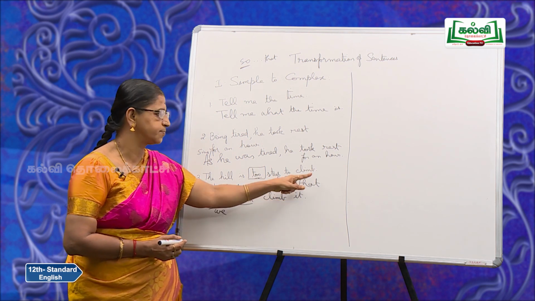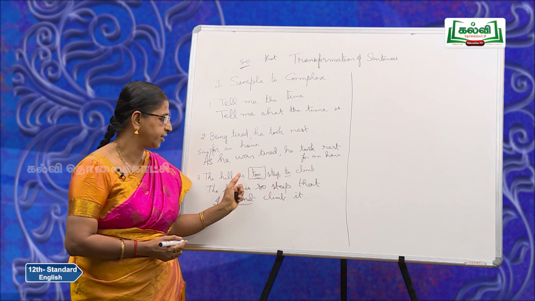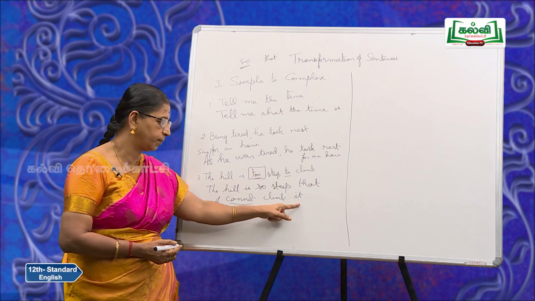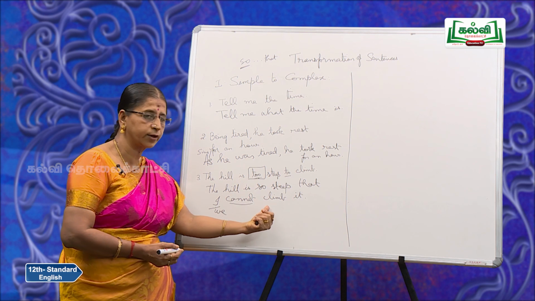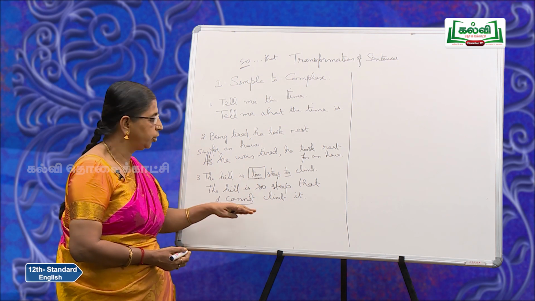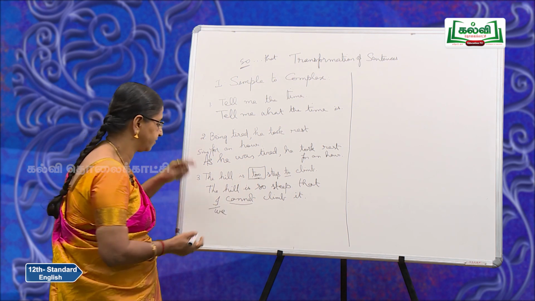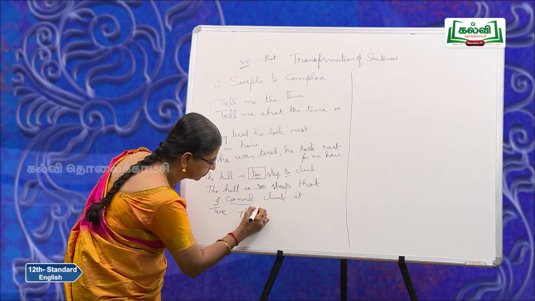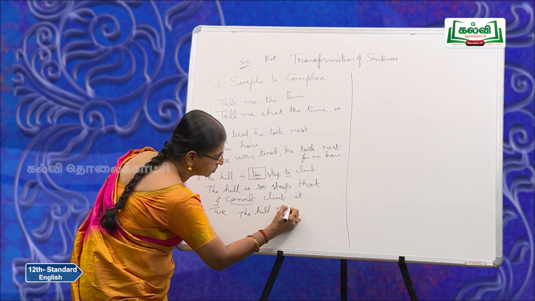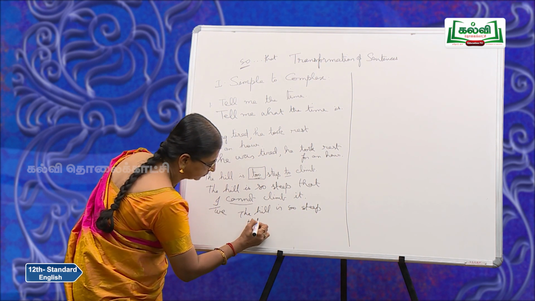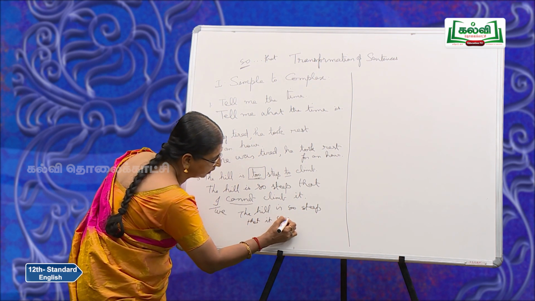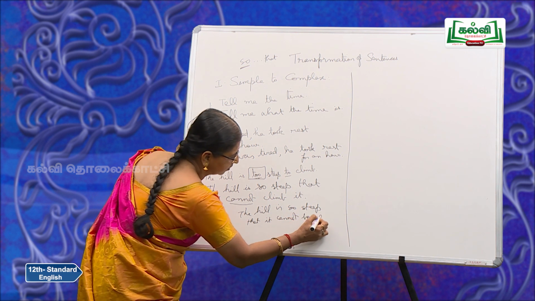This pronoun is missing here. You do not have it in your simple form, but in your complex you have to include this. The hill is so steep that I cannot climb it or we cannot climb it. You can also rewrite it in the passive. The hill is so steep that it cannot be ascended or climbed.